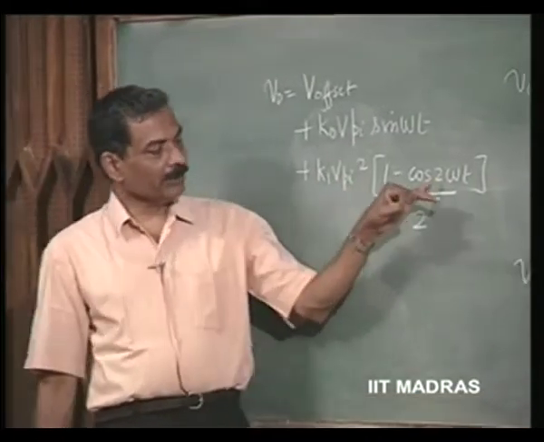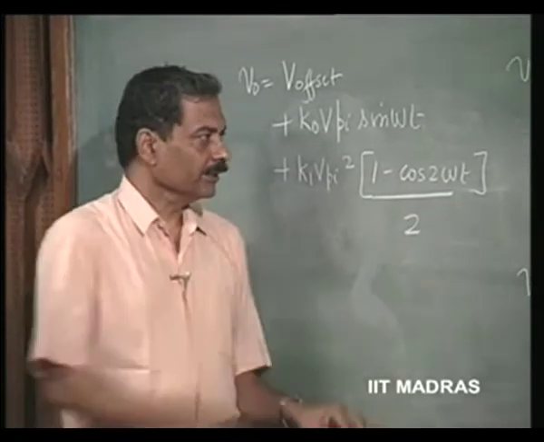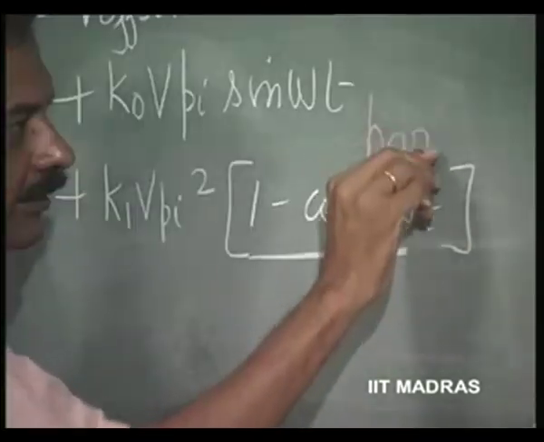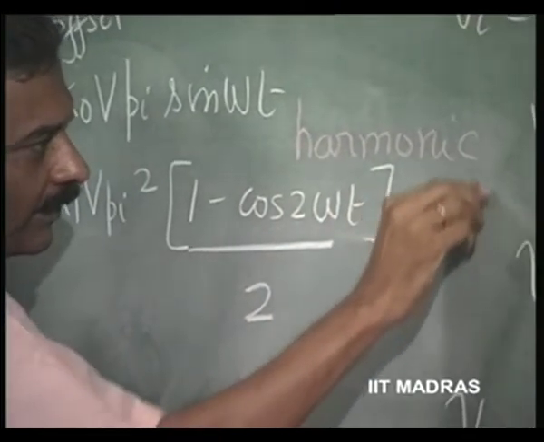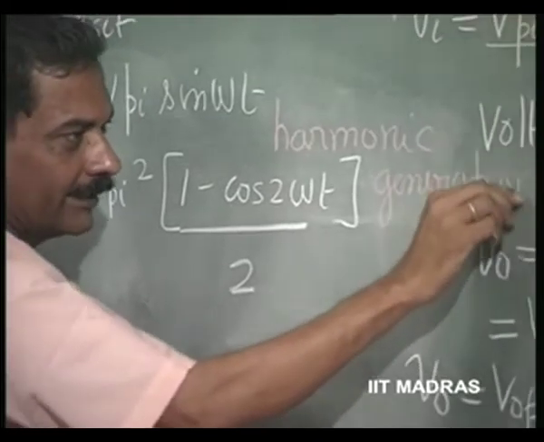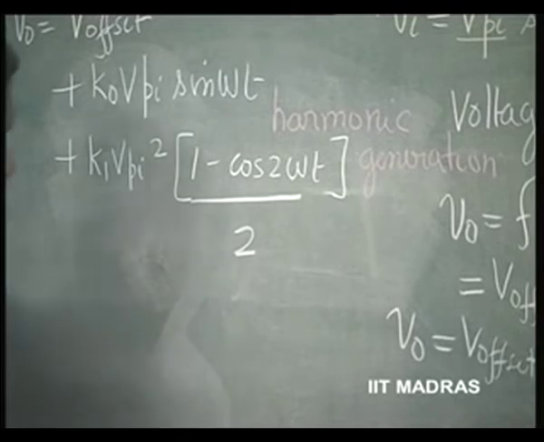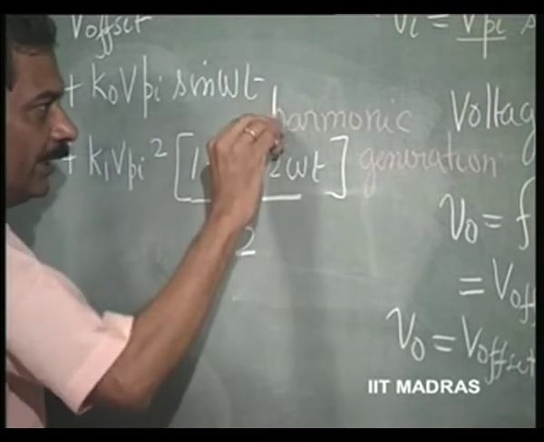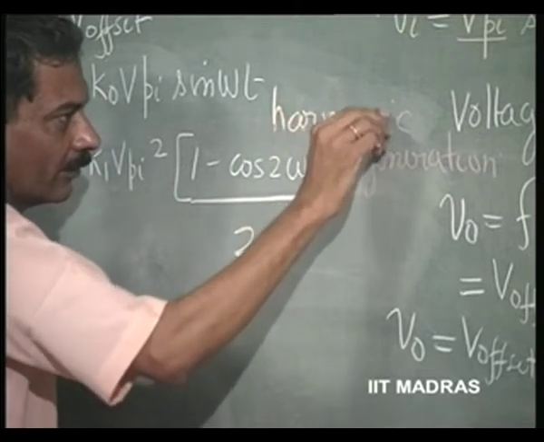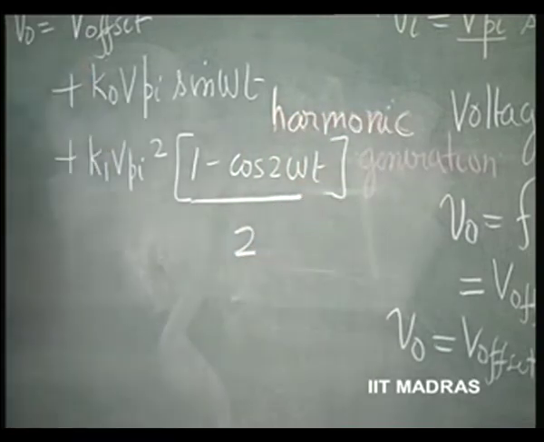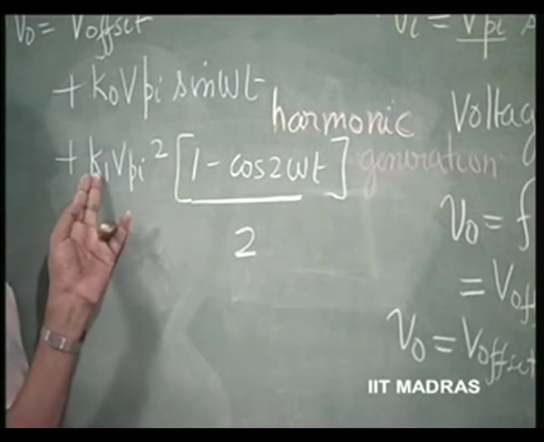It has now produced a 2 omega component, that is, harmonic generation occurs. This frequency component was not existing in the original input signal. So, this harmonic generation is something that we have to be careful about. This is causing distortion.